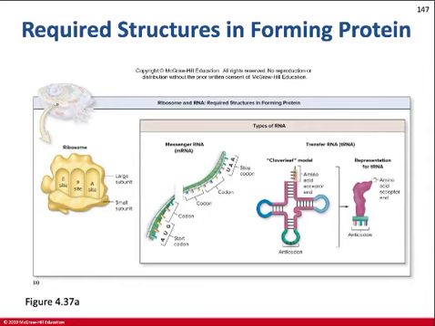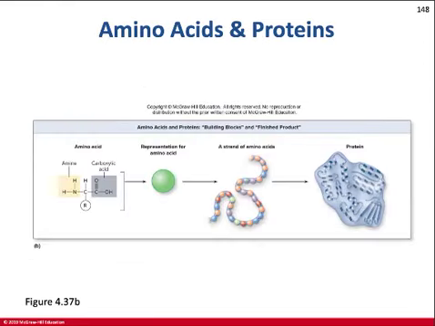Those are the 3 sites, E, P, and A, right? There's the message with the codons stitched together, and you can see the transfer RNA with the anticodon loop. That's what's going to sit on top of the codon, and if the base pairing is good, then that amino acid gets incorporated, right? So we build it one peptide bond at a time, the information in the gene directing the assembly of the protein, right?